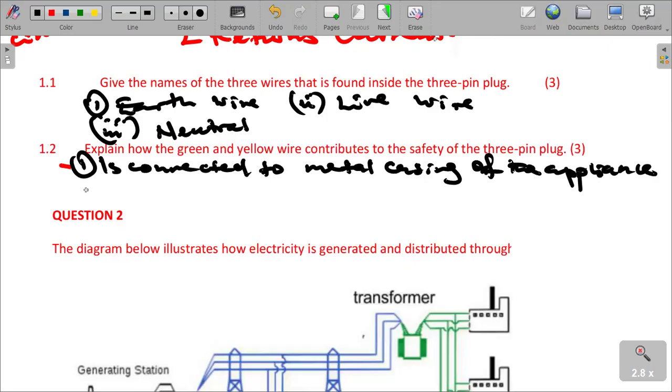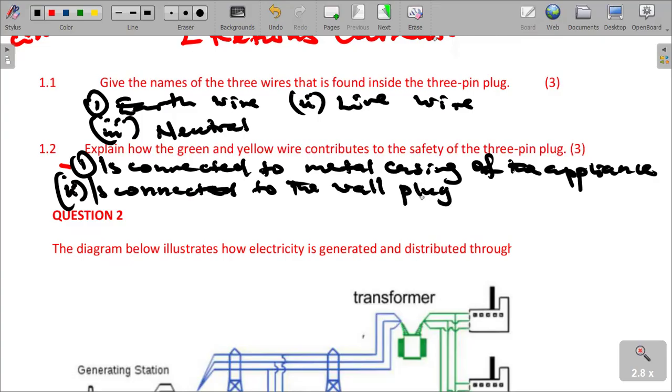It is connected to the wall plug, to an earth cable in the ground.